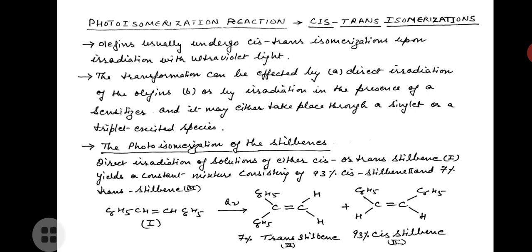So here is the equation showing this. Cis-stilbene or trans-stilbene on irradiation produces 7% trans-stilbene and 93% cis-stilbene.